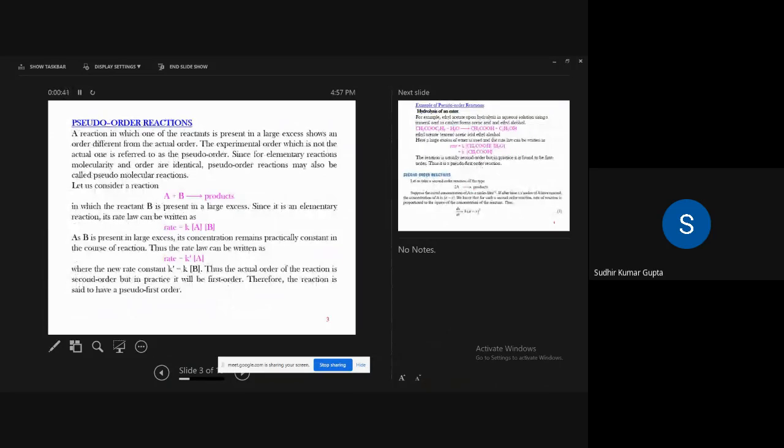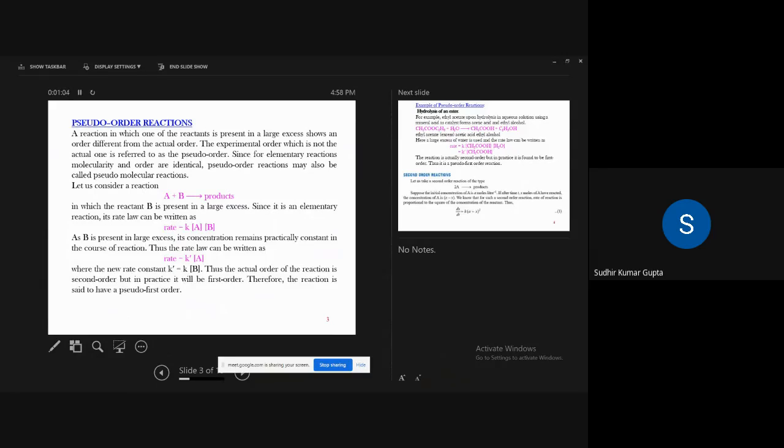Now, there is a concept of pseudo-order reaction, which might be known to many of you. The name itself reflects that the order is different from what is being observed.